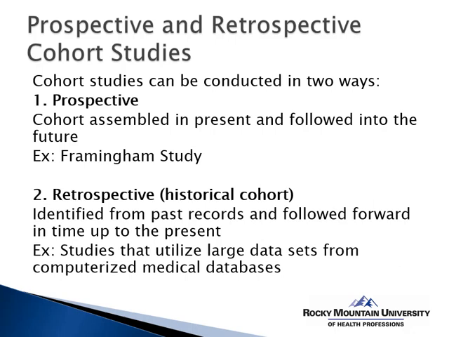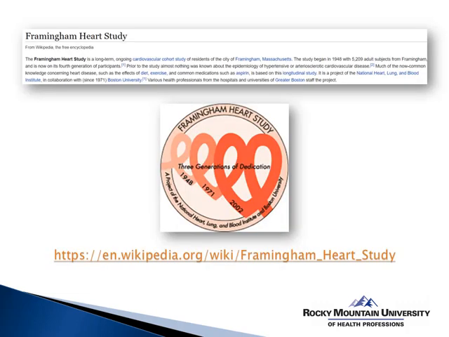Cohort studies, there is the prospective way. The cohort is assembled in the present and followed into the future. And a great example of that is the Framingham study. A retrospective cohort is identified from past records and followed forward in time up to the present. Studies that utilize large data sets from computerized medical databases can really help you do great things with retrospective cohorts.